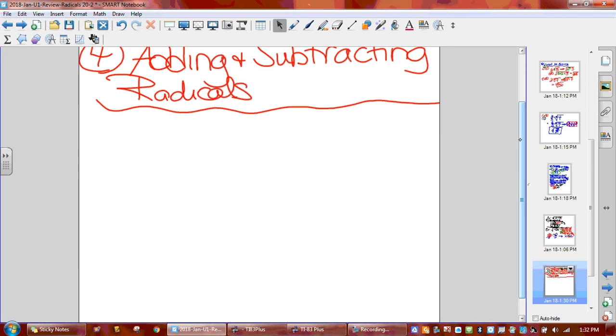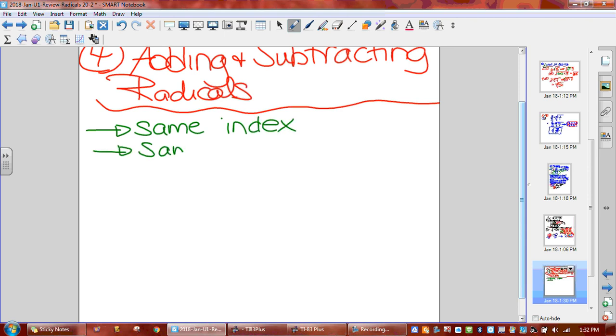So 2 conditions in order to have this possible. You need to have the same index. And you need to have the same radicand. And all you do is add or subtract the coefficients only.